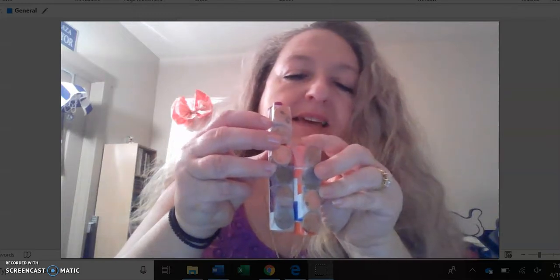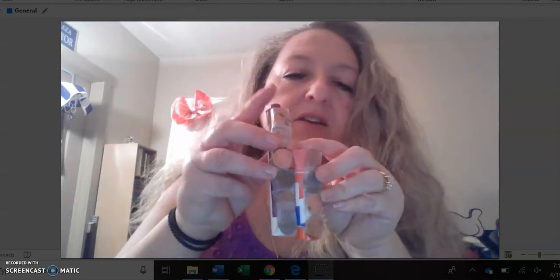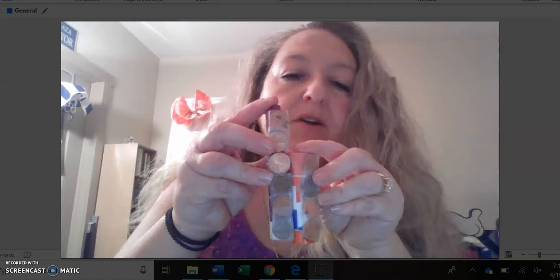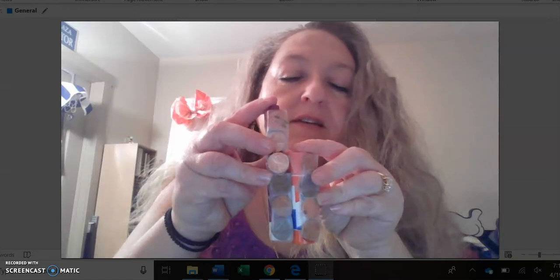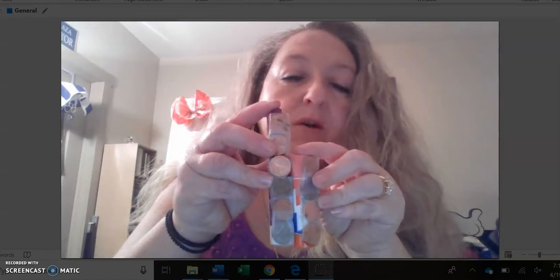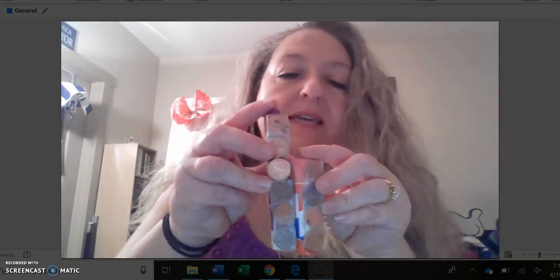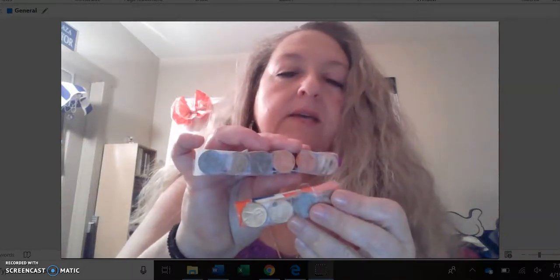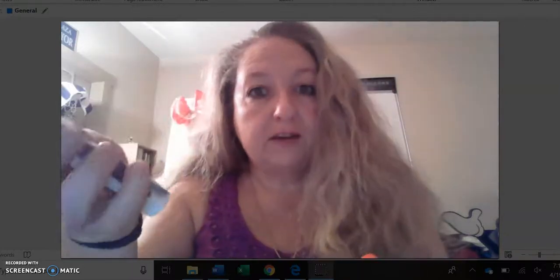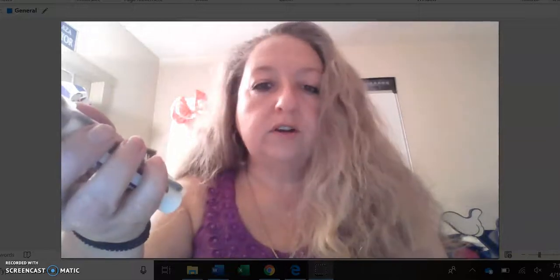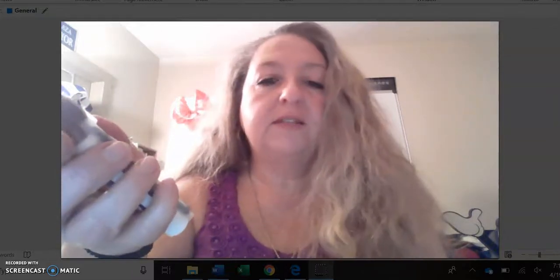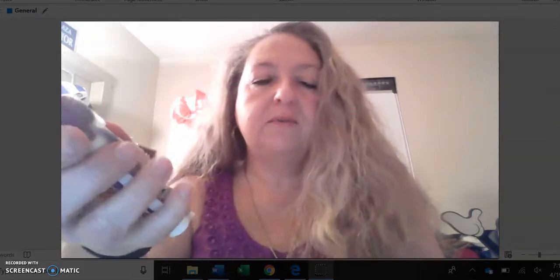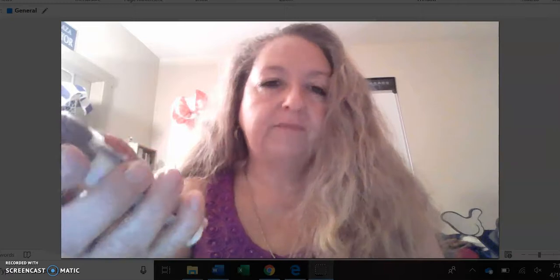You can see that the glue stick is shorter, and you can see that the marker is taller. So height is how tall or short something is. Length is how long or short something is. When things are longer, they are bigger. When they are shorter, they are smaller. When they are taller, they are bigger, and when they are shorter, they are smaller.